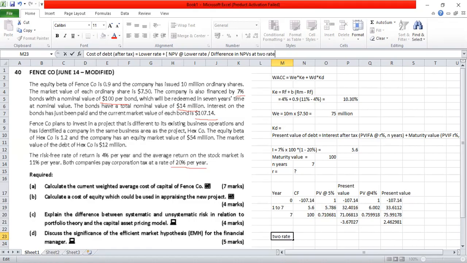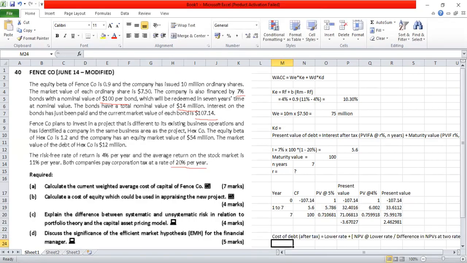Both the rates, take the NPV. That is in the denominator. Close the bracket. This into the difference in rates. Of course, the difference in rates is only one. So this is the formula of interpolation with IRR.